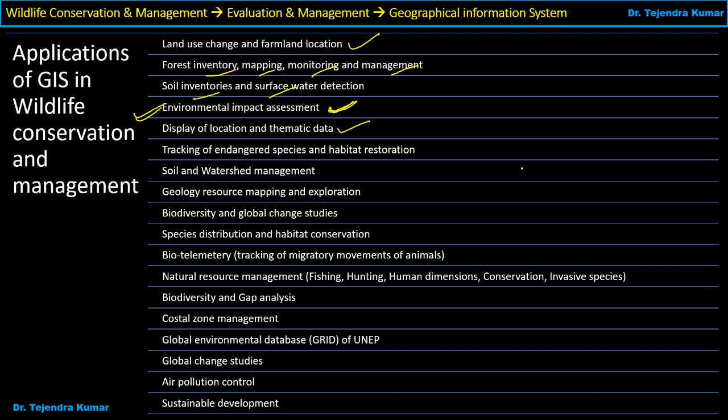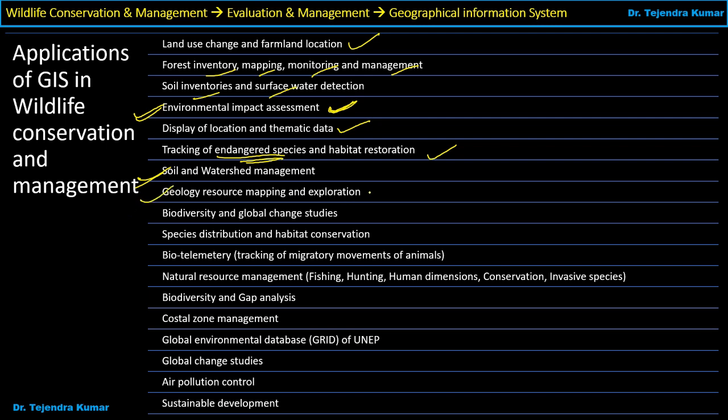Now, see the tracking of endangered species and habitat restoration, because endangered species are required to be saved or safeguarded, and that's why habitat restoration of those species is very important, and for that purpose we need to track them. Soil and watershed management can be done as I have discussed earlier.